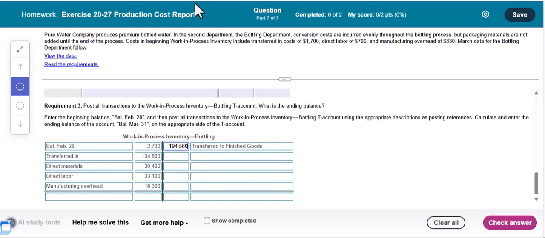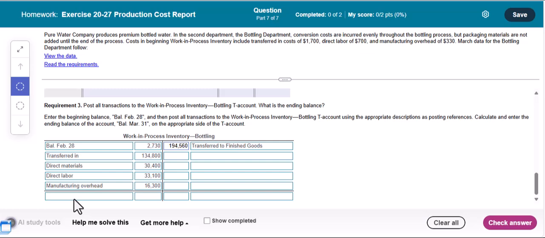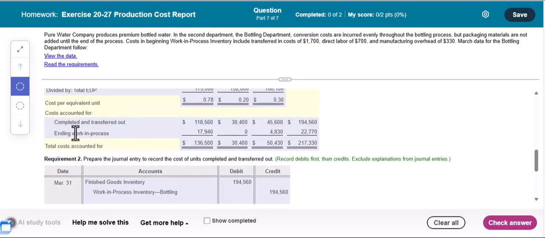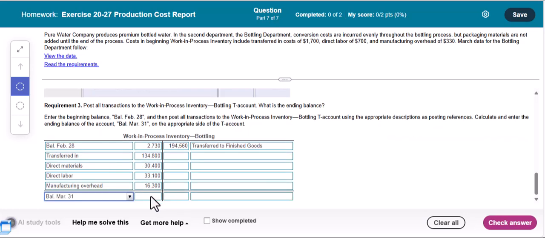And then we need our ending work in process balance, so that's BAL March 31st. And where do we get that? We can scroll back up here. It's that ending work in process, that total cost here at the end of 22,770. So we can input that here on this side. The debit side.